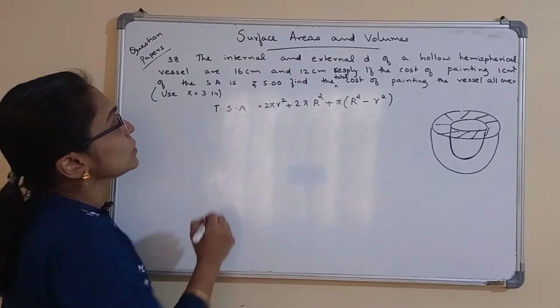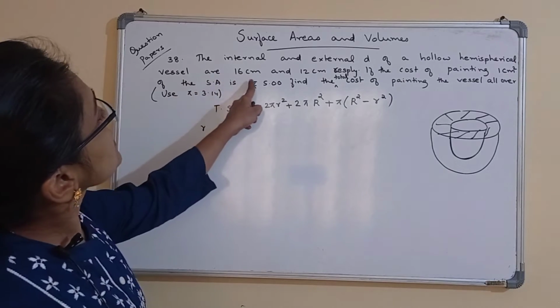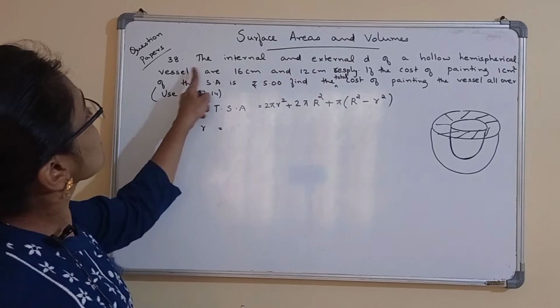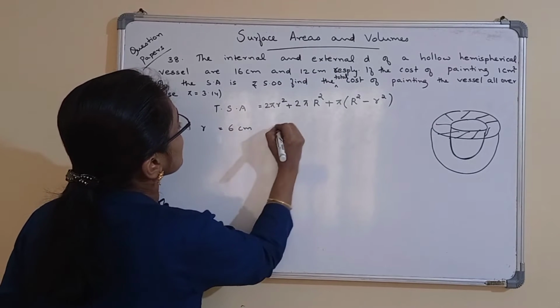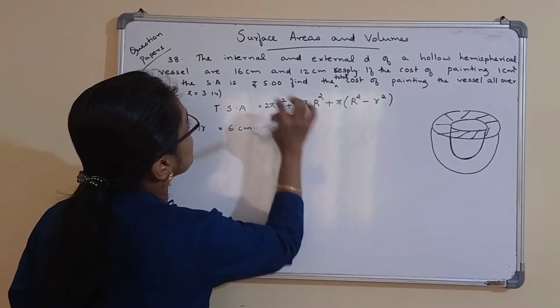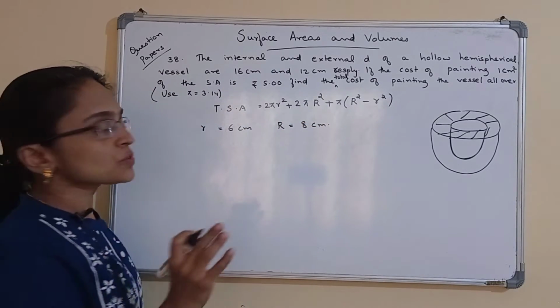Right? Now, small r is equal to 16 centimeter and 12 centimeter. It is diameter. So, small r equal to 6 centimeter and capital R is equal to 16 by 2, which is 8 centimeter. Now, substitute that.